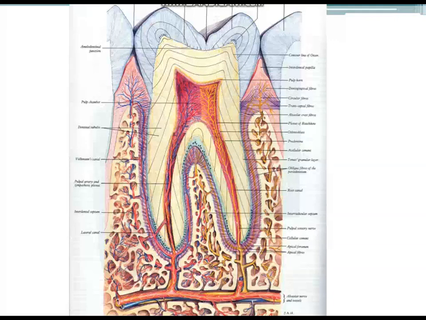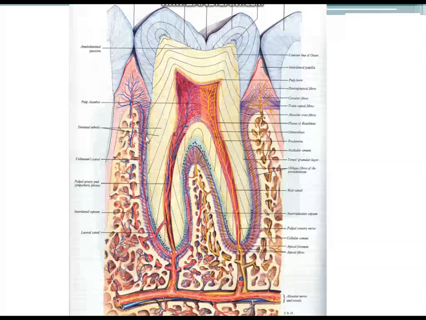That's why these regions of hypocalcified and normally calcified segments will be represented histologically by lines of Owen, which are similar to the lines of Retzius on the surface of enamellum.